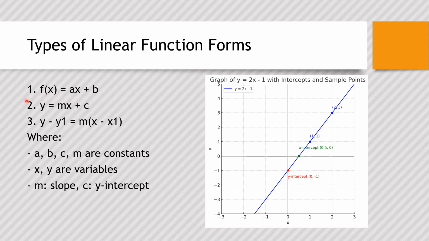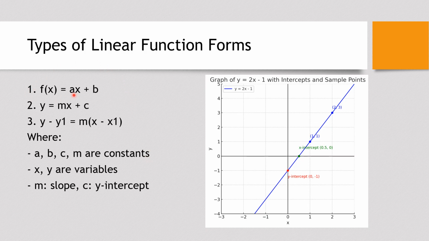It can also be presented in the form y equal to mx plus c, and it can also be presented in the form y minus y1 equal to m bracket x minus x1, where a, b, c, m are the constants.